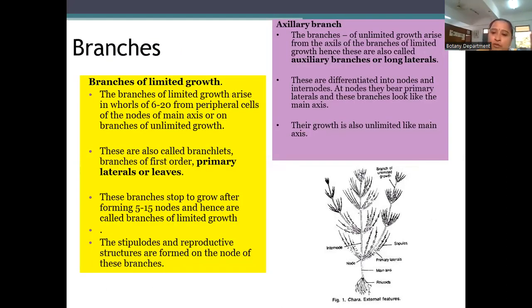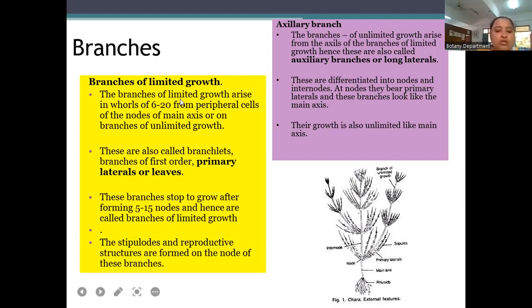Okay, coming to the main axis. The branches of the main axis are divided into two: branches of unlimited growth, and branches of limited growth. First, I'll explain the branches of limited growth.